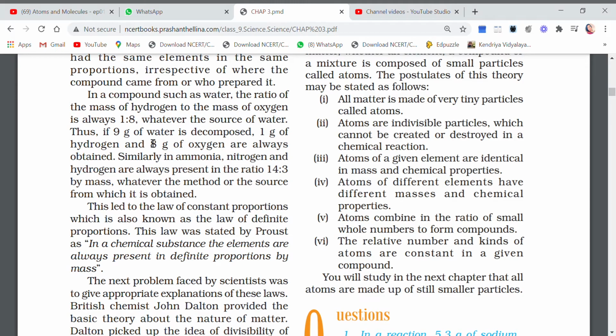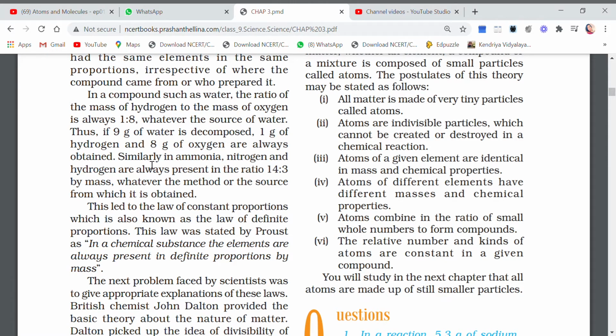वन आई वांट ऑल ऑफ यू टू डू बाय योरसेल्फ. सो राइट डाउन क्वेश्चन नंबर 3. So your question number 3 is find out the ratio in which nitrogen and hydrogen combine together to form a compound called ammonia. Again, I am repeating the question.